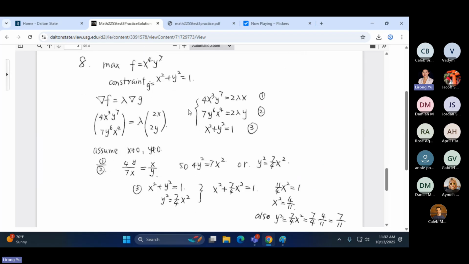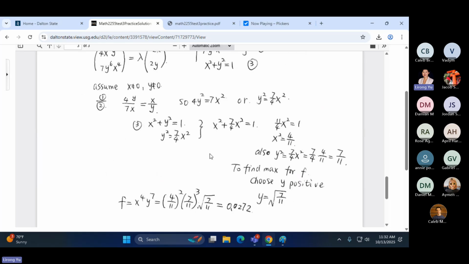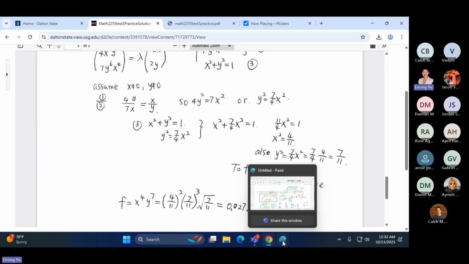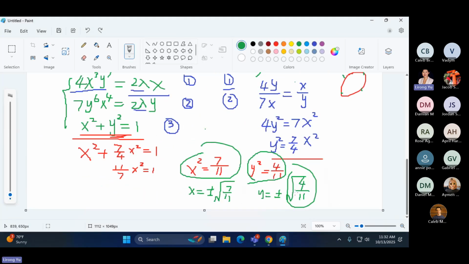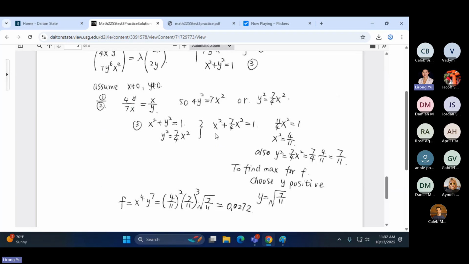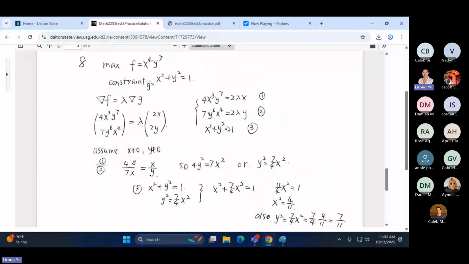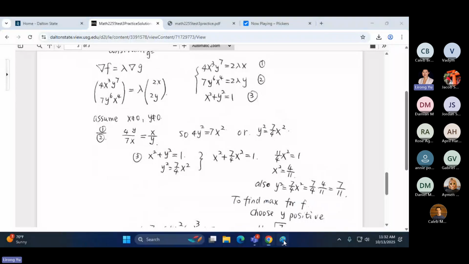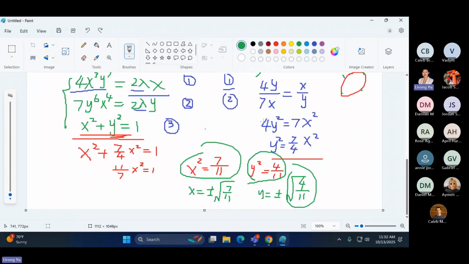And then question 8 is the process I did earlier. Similar procedure. We find x squared and y squared, which were 4/11 and 7/11. Did it all the same? Okay, maybe I did it wrong that time too. What was it? 4y squared times 7x squared. So these are the same.